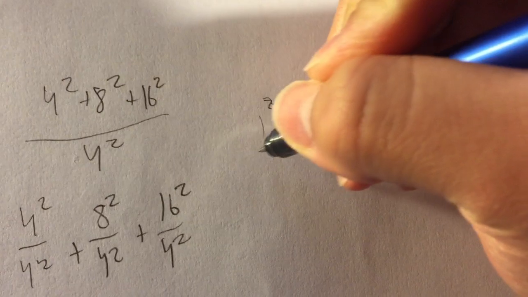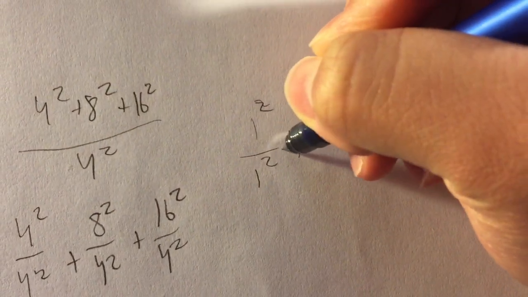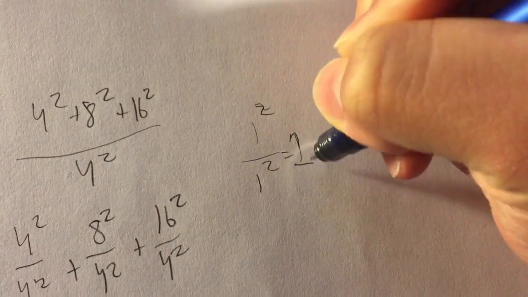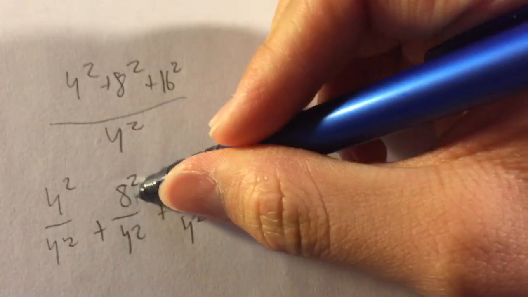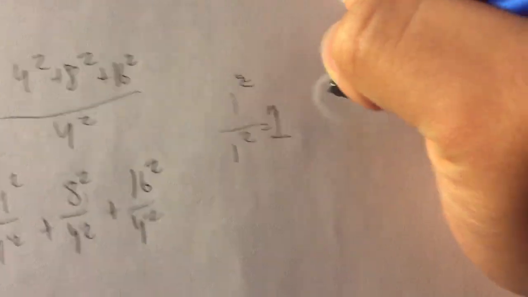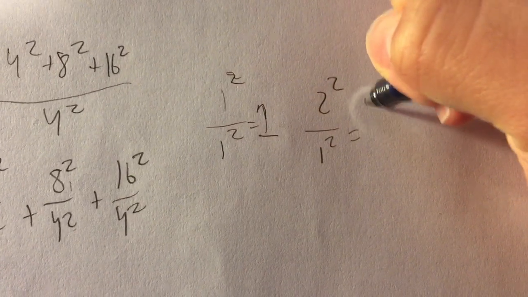Like 1 squared over 1 squared, it would always just be 1, right? And then if you double, like double 4 is 8, double 1 is 2, so 2 squared over 1 squared would be 4 over 1, which obviously equals 4.